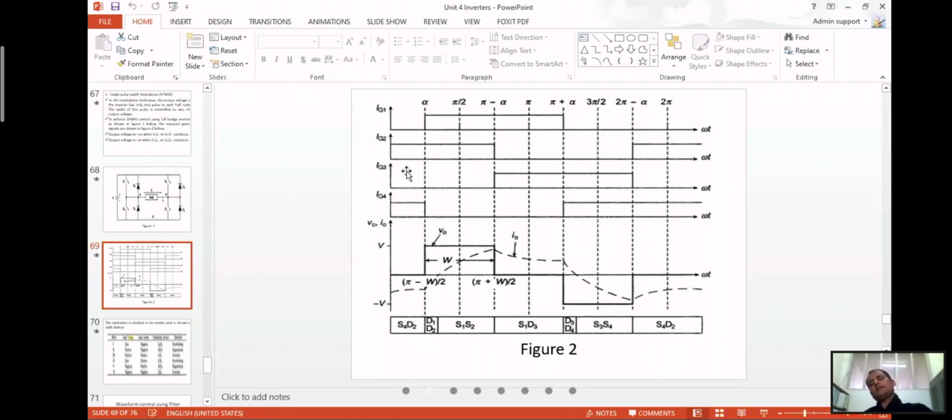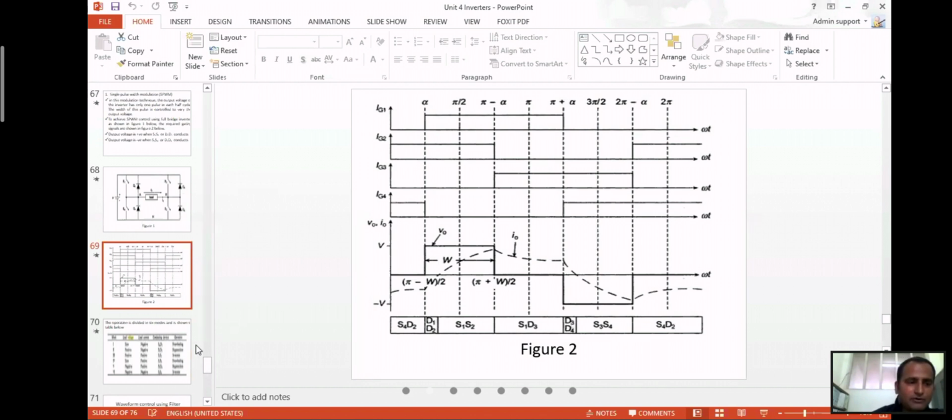Similarly, when the output voltage is negative, it is from pi plus alpha to 2 pi plus alpha. And S4 conducts from alpha to pi plus alpha. So this is how it happens.